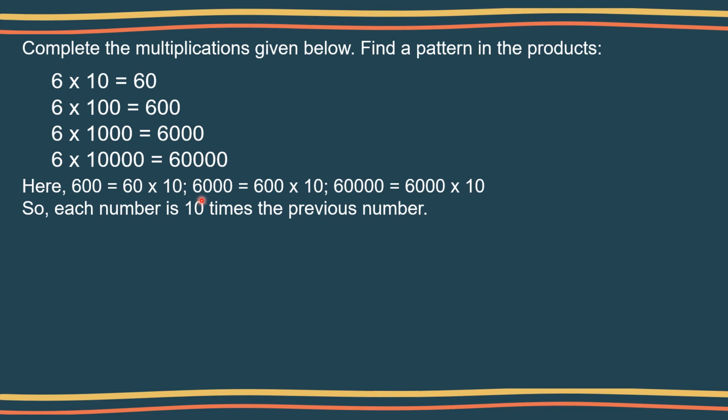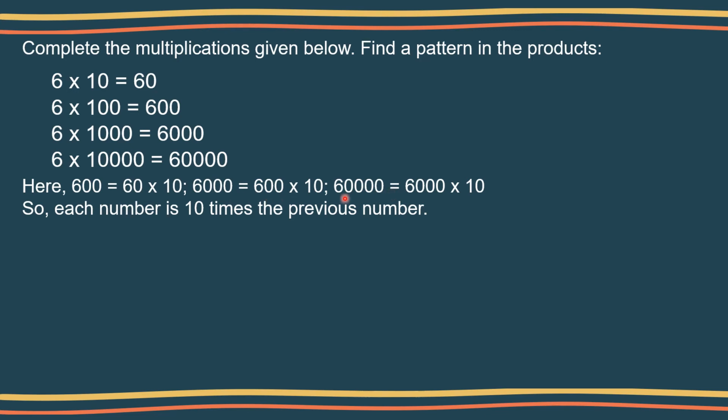In the same way 6000 is equal to 600 multiplied by 10. 6 into 1 is 6 and these zeros, we will get the answer 6000.